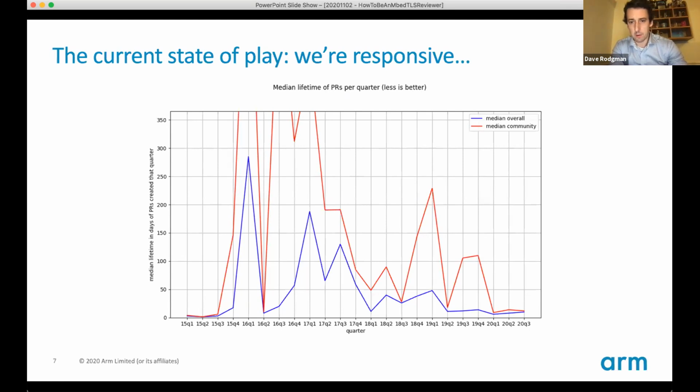And we have worked at that. Particularly in the last year, we've made quite a lot of effort to ensure that we are responsive and we do pick up PRs quickly and handle them quickly. And recently, the last year or so, we've been holding steady at a median. I think it's about 12 days.